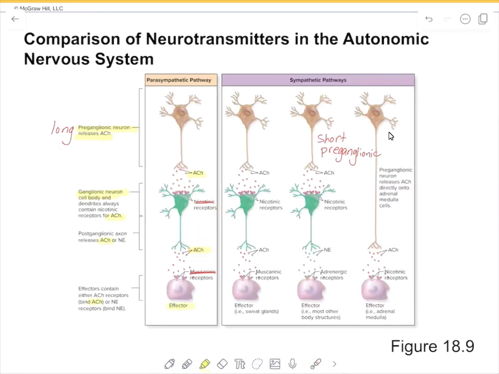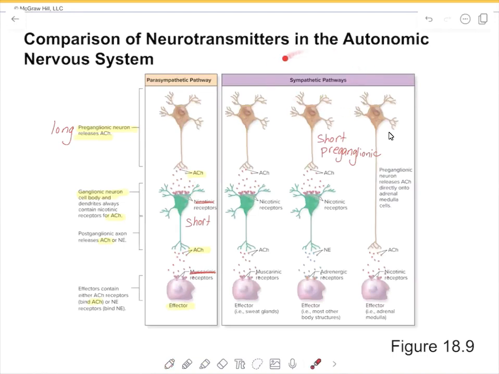Also, it's referred to as the effector postganglionic neuron because it's much shorter. It has a short postganglionic neuron for the parasympathetic nervous system pathway.